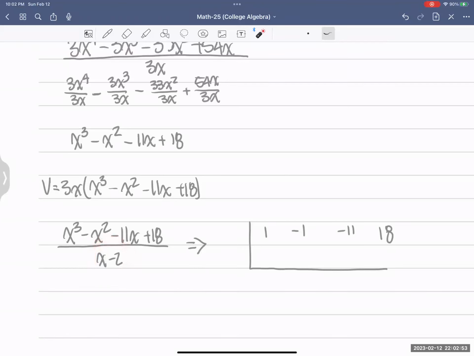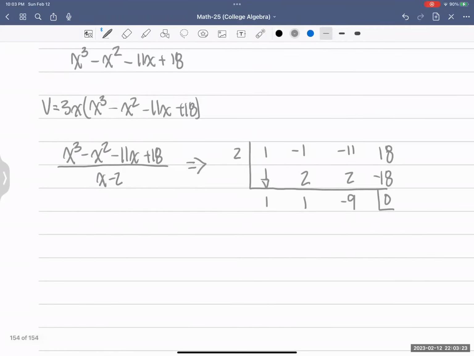The x minus 2 we set equal to 0, so what we're using is 2, and let's see what we end up with. 2 times 1 is 2, minus 1 is 1. 2 times 1 is 2, minus 11 is -9. -9 times 2 is -18, plus 18 is going to be 0.